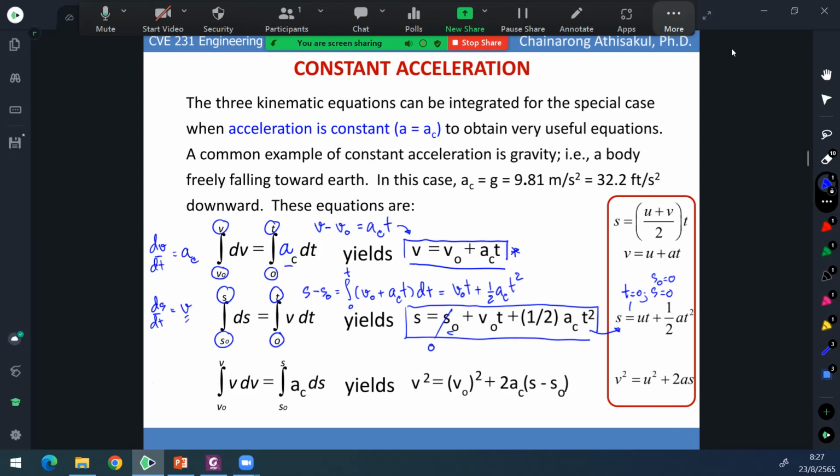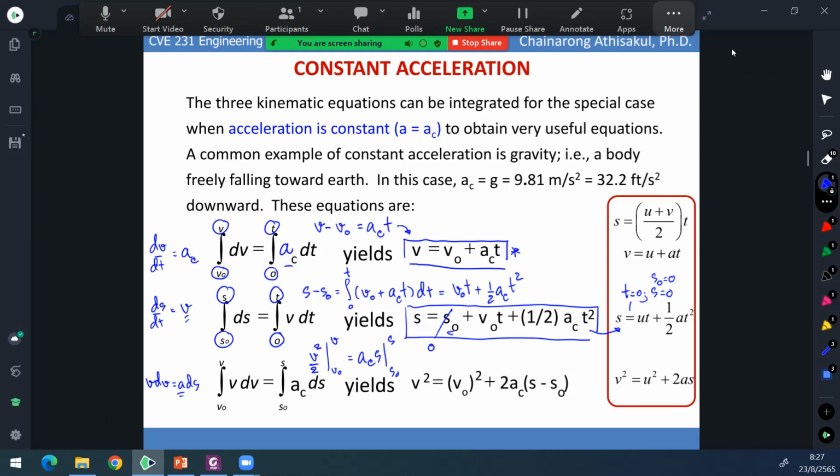Let's take a look at the last kinematic equation, v dv equals a ds. When acceleration is constant, we can integrate both sides. The left-hand side gives v squared over 2 from v0 to v, and the right-hand side gives a_c s from s0 to s.